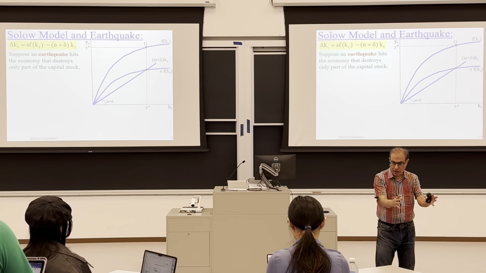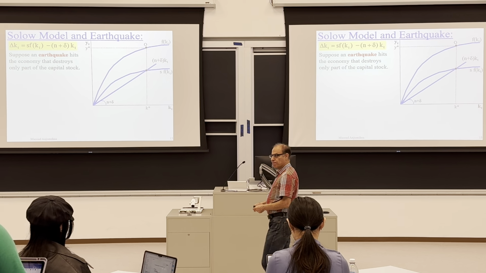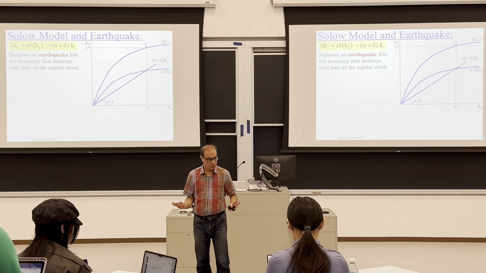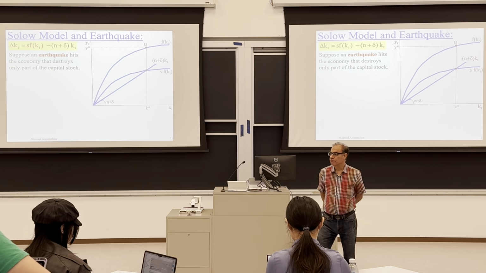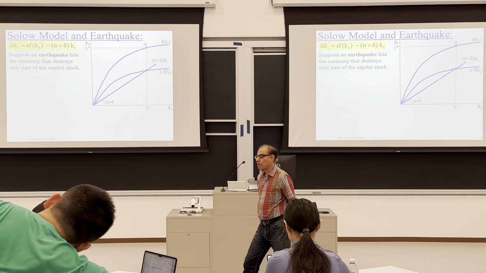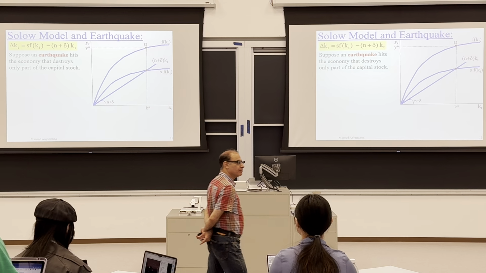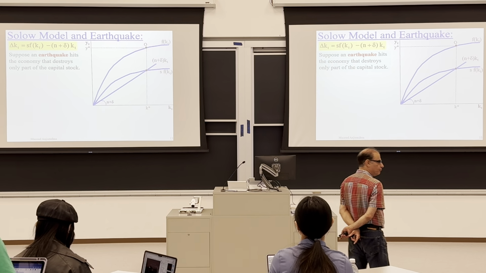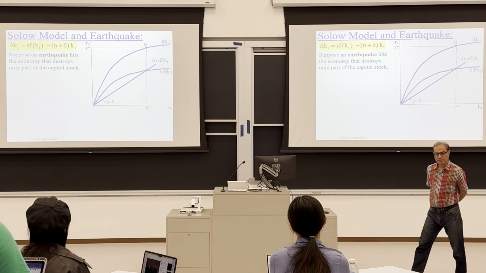Capital stock overnight becomes two thirds. And nothing else, no other change. Anyone? What happens? Any suggestion?